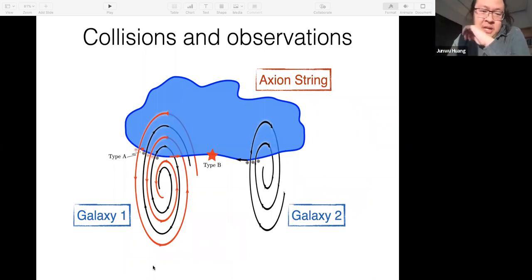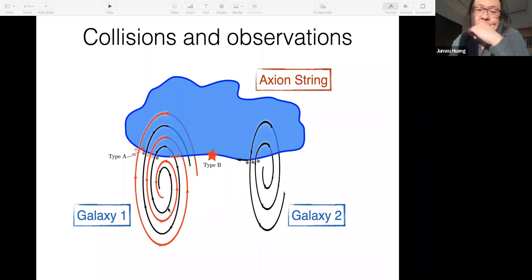So here, first, ignore the red lines and just look at the black. What I'm showing you with these black lines are the magnetic fields of a galaxy. And what we have here are two galaxies which are spaced a little bit apart. These two galaxies have magnetic field lines which wind in different directions.